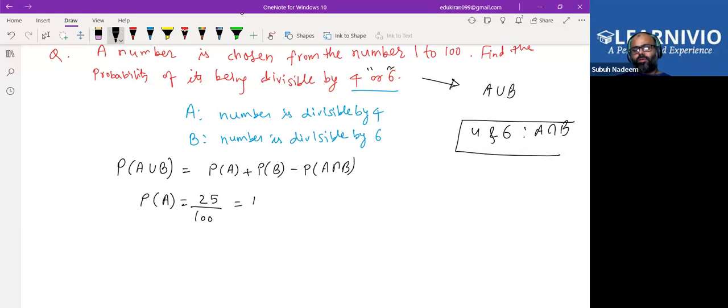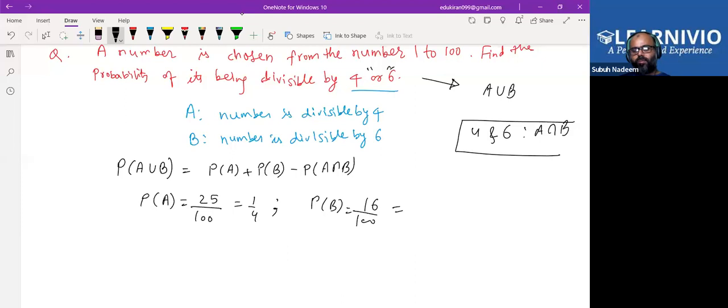Yes, sir. What is the probability of B? I got 16 by 100. Okay, so you divided 100 by 6 and got 16 as the quotient and 4 as the remainder, right? Yes, sir. So 16 numbers are there out of 100.